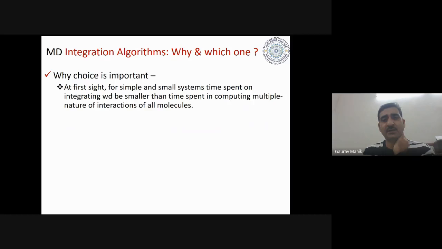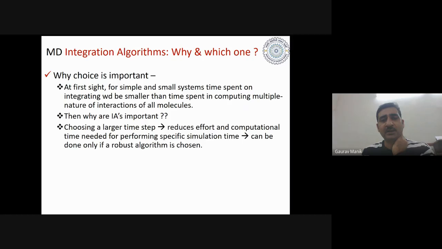So why is the choice important? The integration algorithms are important because if you choose a larger time step, then you may reduce the effort and computational time which is needed. But this can only happen if your algorithm is robust. If your algorithm is not robust and you've taken a larger time step, so normally you take 1 to 2 femtoseconds as the time step, then you are going to have instability in your system.